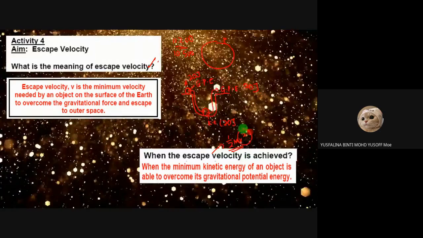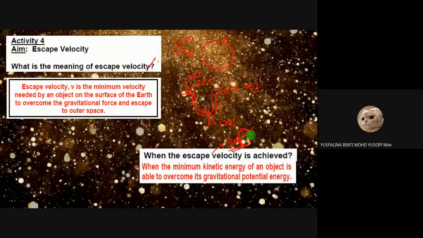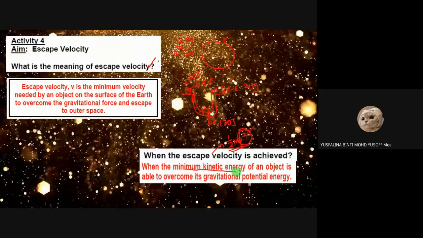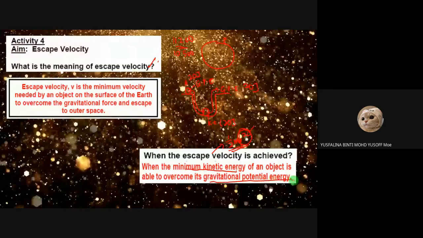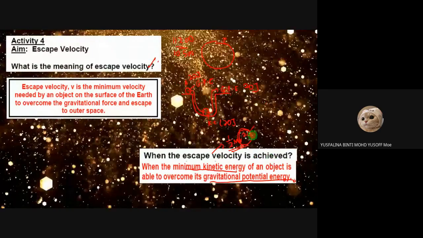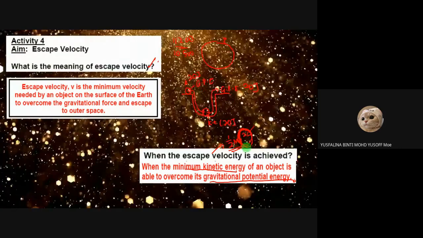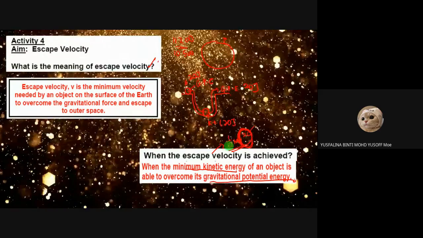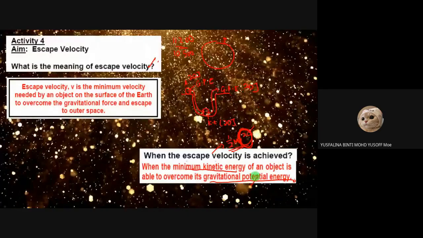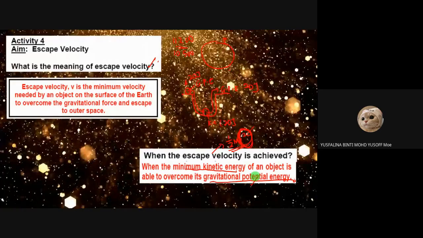So if you can reach this velocity, you can achieve the minimum kinetic energy to overcome the gravitational potential energy. When the escape velocity is achieved, from the formula half mv square, if you can reach this velocity, and the kinetic energy is what we call the minimum kinetic energy, you can overcome the gravitational potential energy, then you can go to outer space, right? Are you clear about that one?